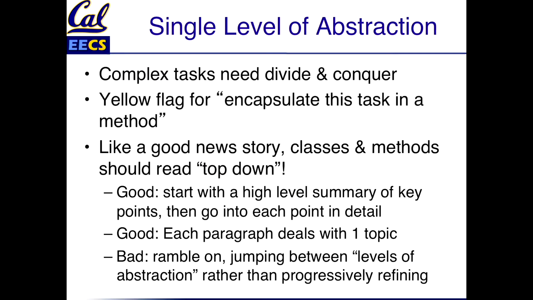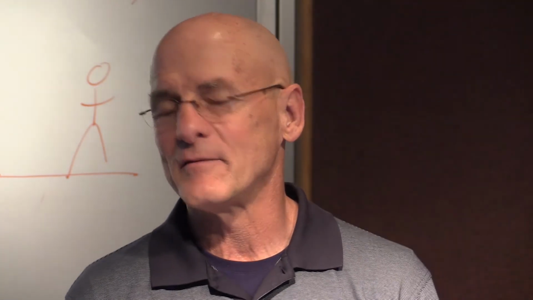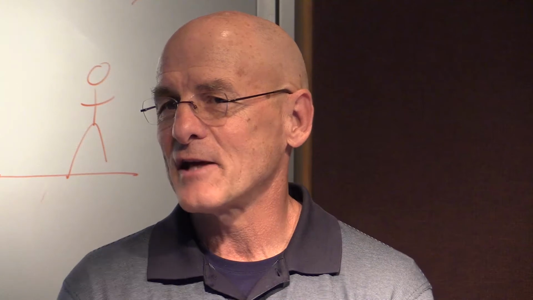The single level of abstraction is a little bit of an abstract idea. The idea is that it's not trying to do everything all in one task, like an all-in-one method. You're trying to divide and conquer, but keep at the same level of abstraction as you go on. Often you call other methods to do that, but all the methods being called are about the same level of complexity. The best analogy is writing a good news story.